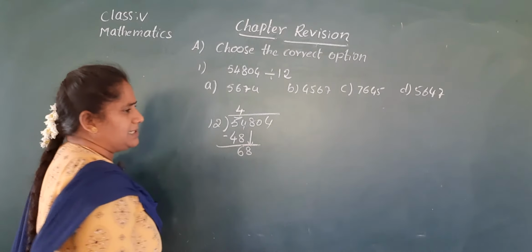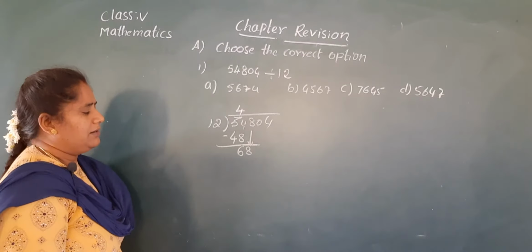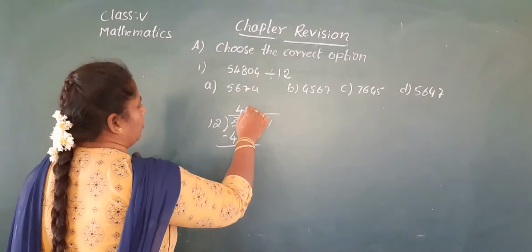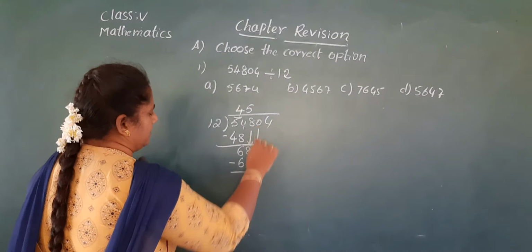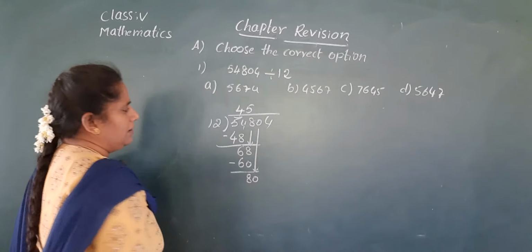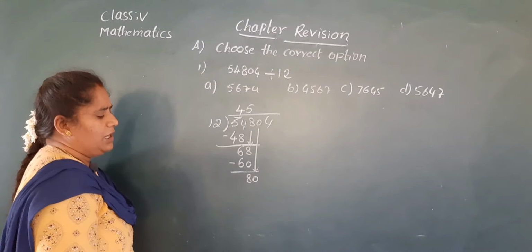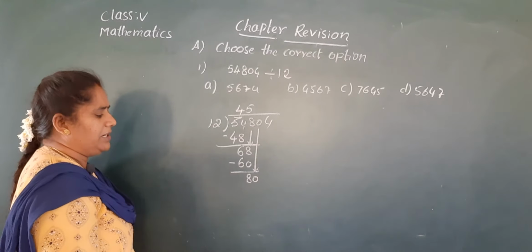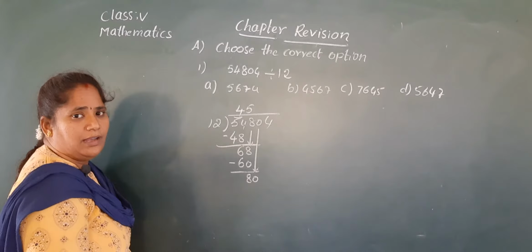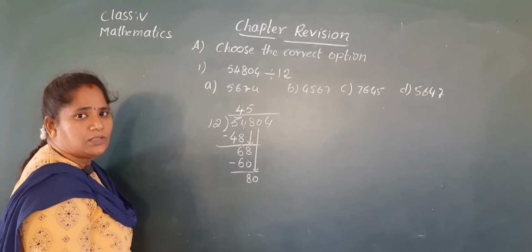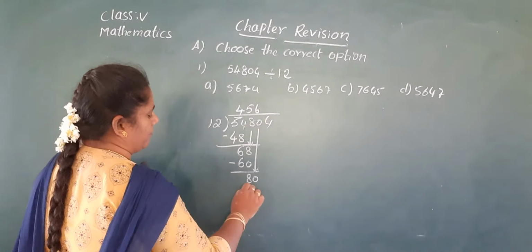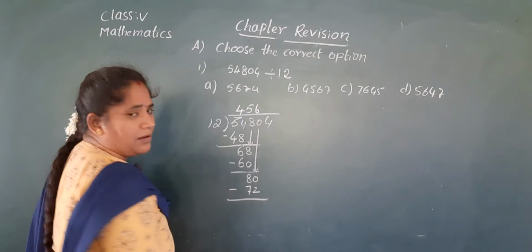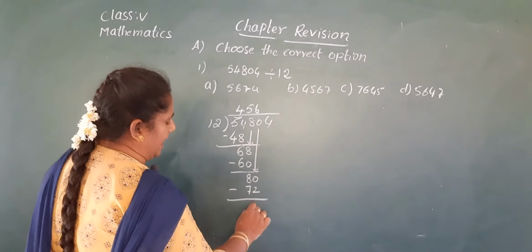Take down 8, 68. Now what's the nearest number? 12 5s are 60. 8. Take down 0. Come on, tell me the nearest number. 12 5s are 60, 12 6s are 72, 12 7s are 84. 84 is a big number, so you take only 12 6s are 72. 10 minus 2 is 8.